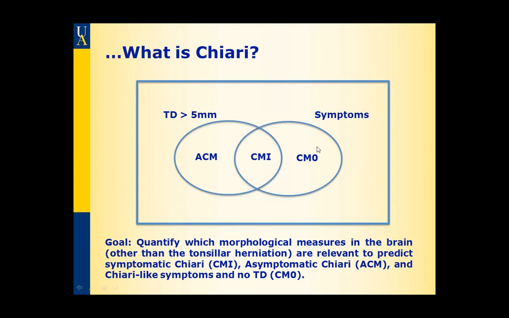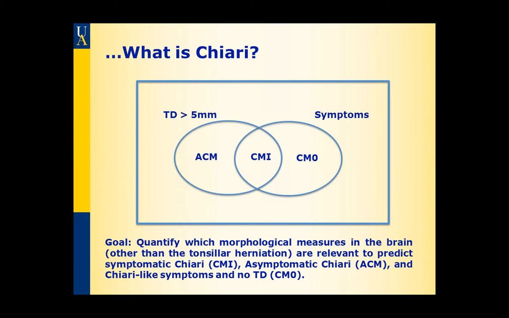the Chiari 0 patients versus healthy. Today I will show you some results where we are trying to separate the group with tonsillar descent greater than 5 versus healthy, and also to separate these two groups, the asymptomatic and the Chiari patients.